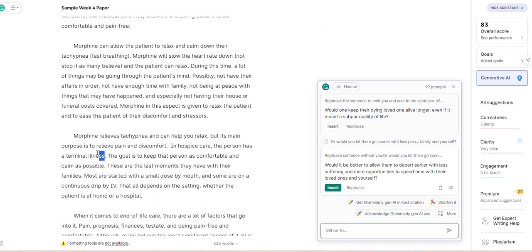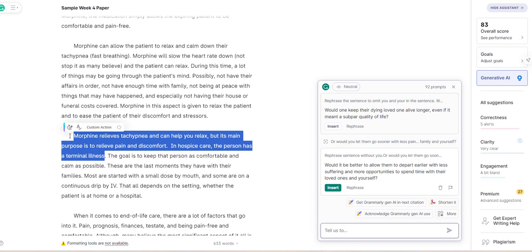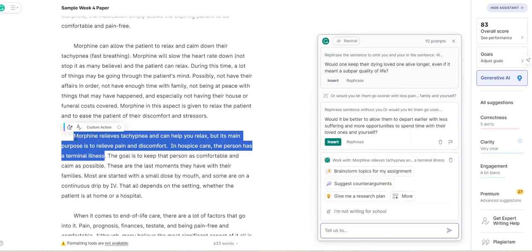So Grammarly will not allow you to just paste your entire essay, because this prevents students from cheating. Remember, you cannot use generative AI to write your essay for you. So this is probably the reason why they have you do it little by little.